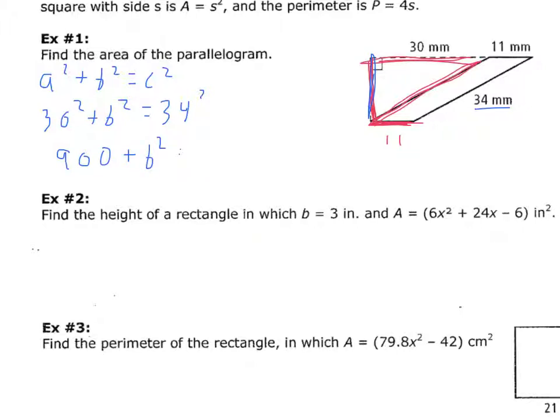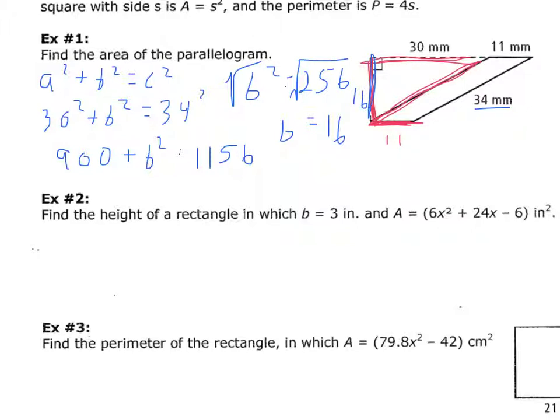And if we take 34 squared, we get 1156. If I subtract 900 on both sides, you get b squared equals 256. And finally, if we take the square root on both sides, b equals 16.